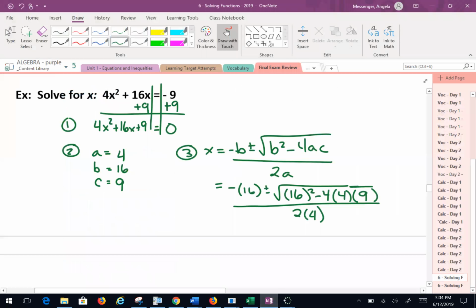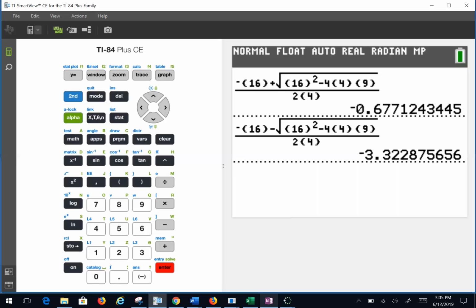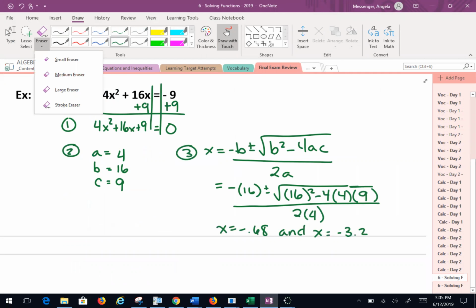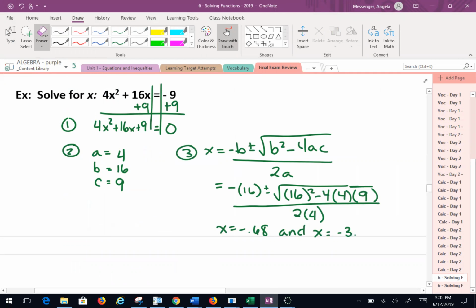So x equals negative 0.68, and x equals negative 3.22. Wait, 22 or 23? 3.32. Sorry, my bad. 3.32. 2 answers.